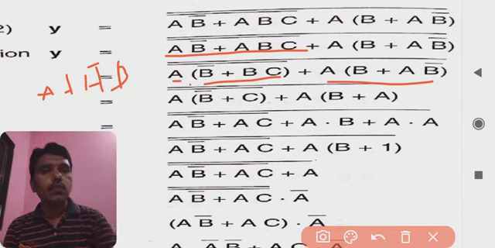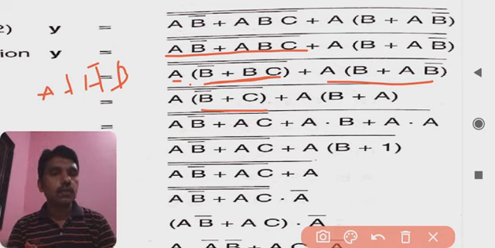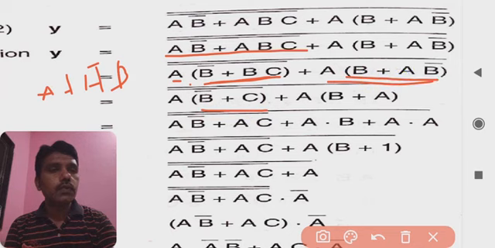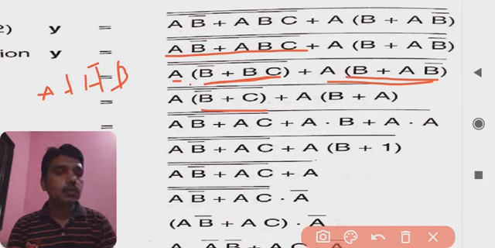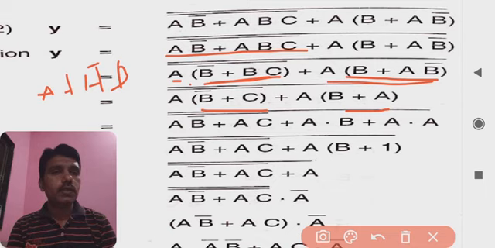So in this case it will be A or B complement, and B complement or BC is nothing but B complement or C. In the same fashion, if you look at this case, it is AB or B complement A, that can be written as AB or A. That is how it is using that law.